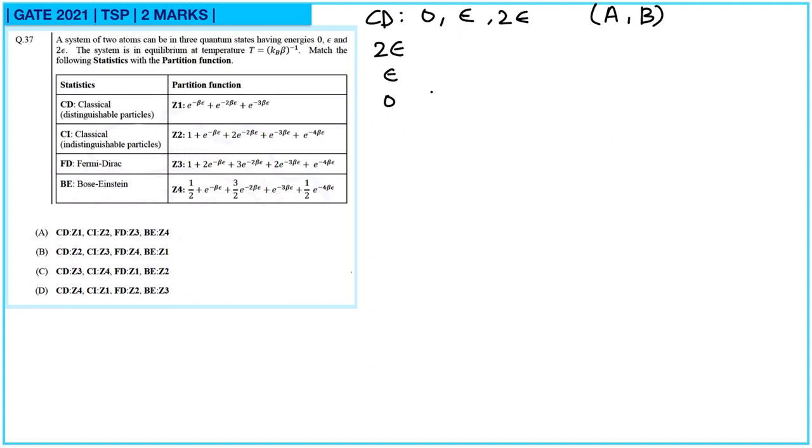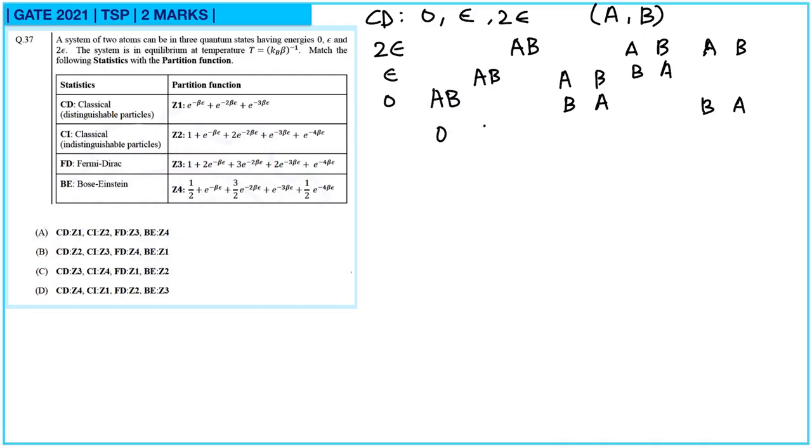Now these are classical particles, so two can be in one state, so AB, AB, AB. These are three possible combinations. Or we can consider AB or BA, or here AB, BA, or AB and BA. So these are the possible combinations. Now let us calculate energies in all these cases.